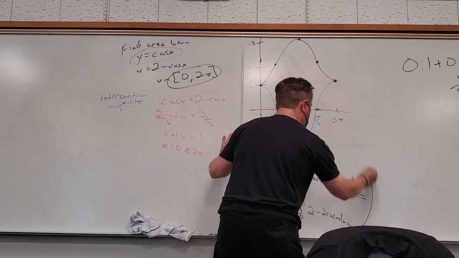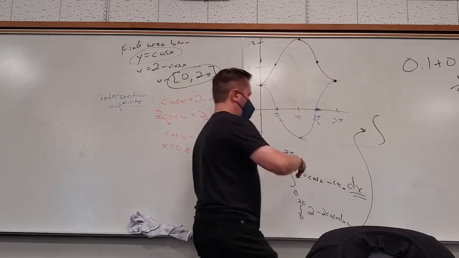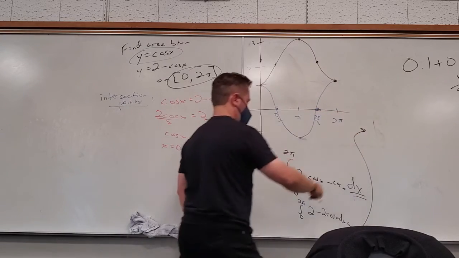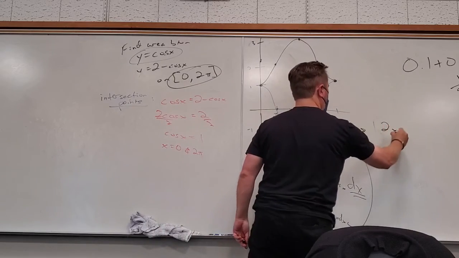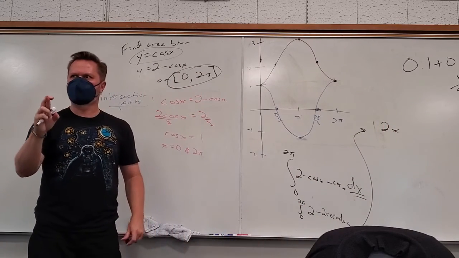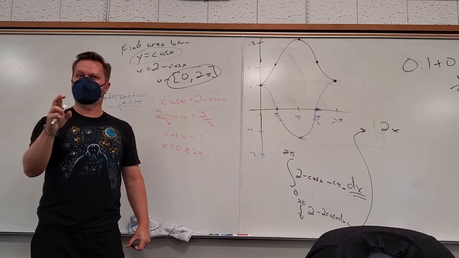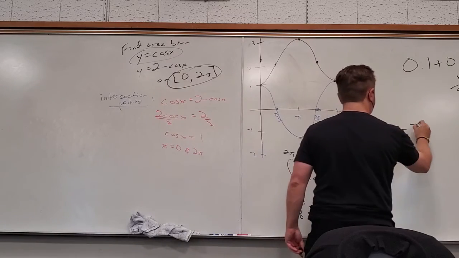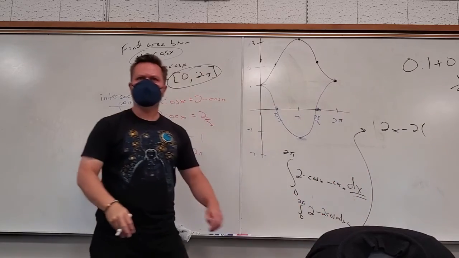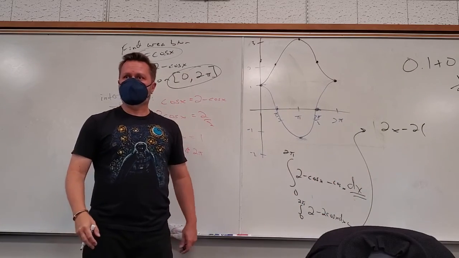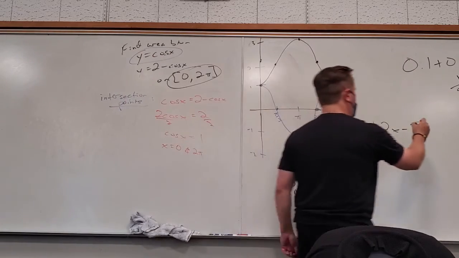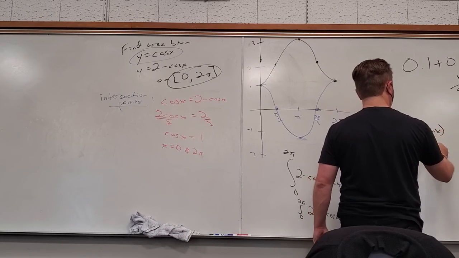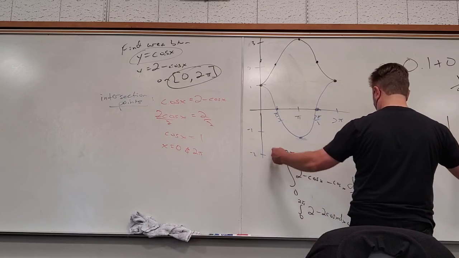What's that integral? Another integral: 2x. So minus 2, what's the antiderivative of cosine? Sine, right? So no negative there, from 0 to 2 pi.